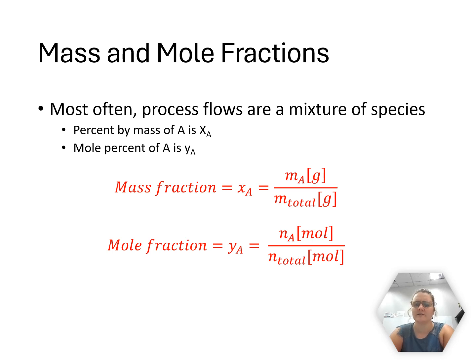There's a couple different ways to do this, but generally, the species that we're talking about, so the chemical component, is going to be the subscript, and then x is the mass fraction.